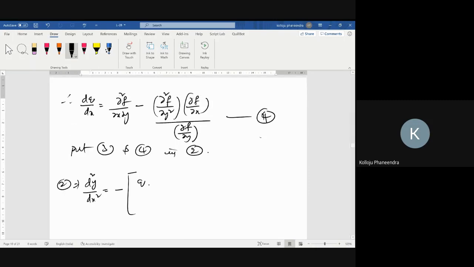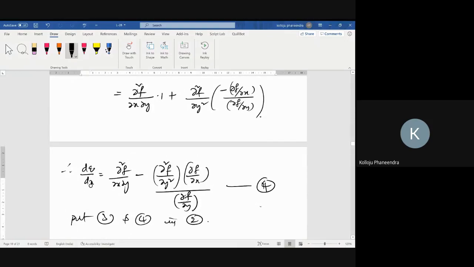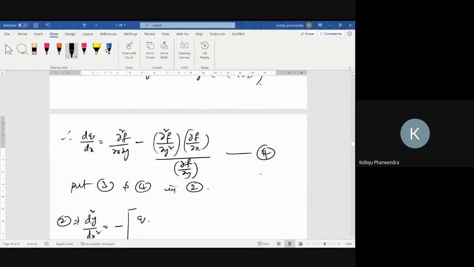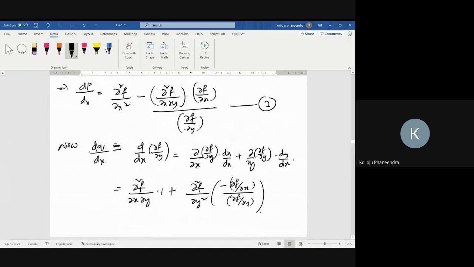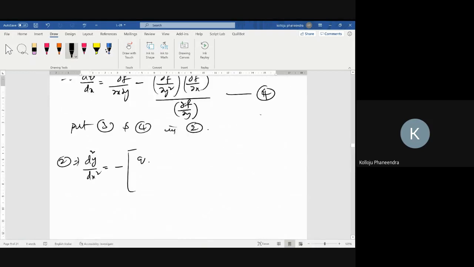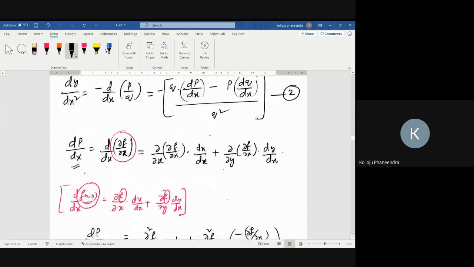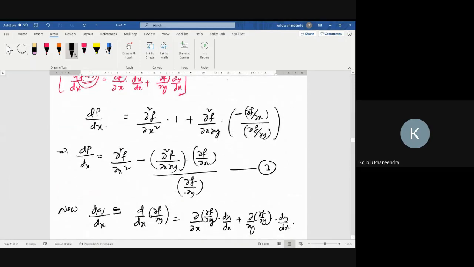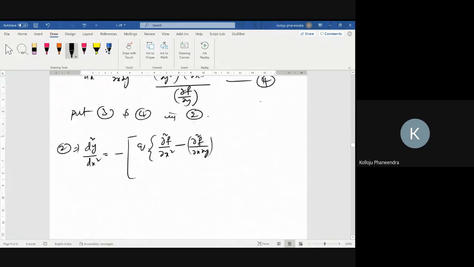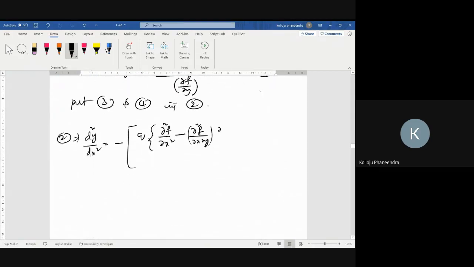This one: ∂²f/∂x² minus ∂²f/∂x∂y into ∂f/∂x by ∂f/∂y. I'm putting it in brackets.